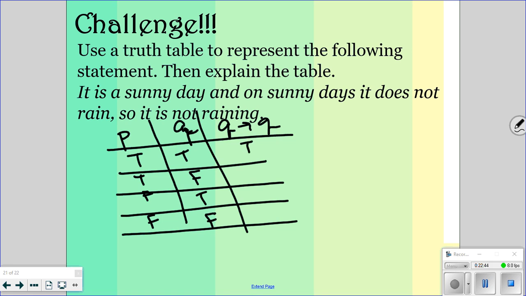So this one would be true. This one is true. This one is true. And this one is true. Why are they all true? This statement is true regardless of the truth value. This is a tautology.